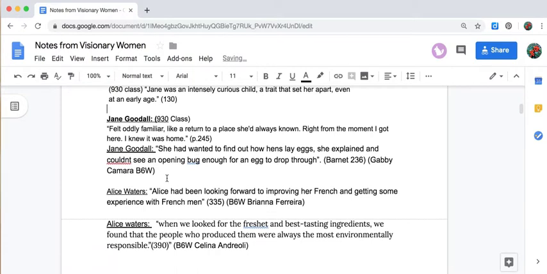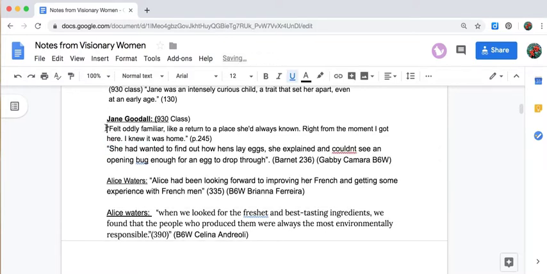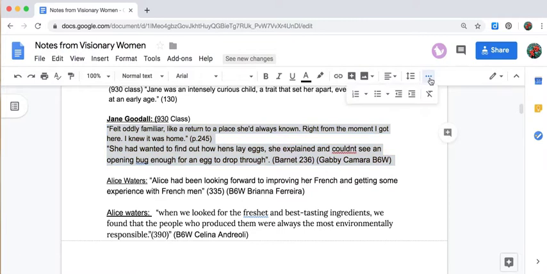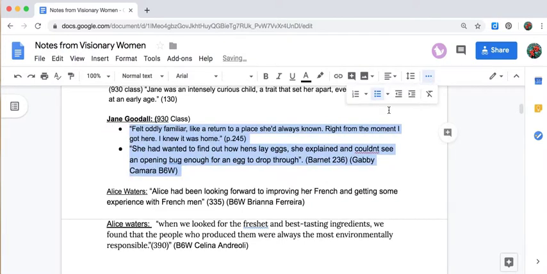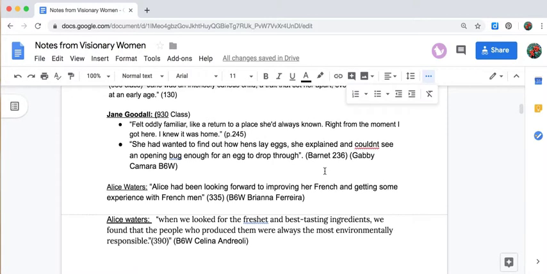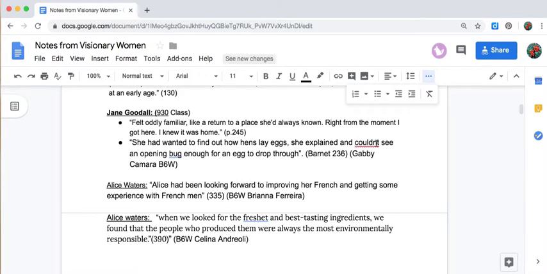And then Jane Goodall, and then we've got Alice Waters, and we can see how this looks if we put some bullet points, maybe something like that. Looks good.